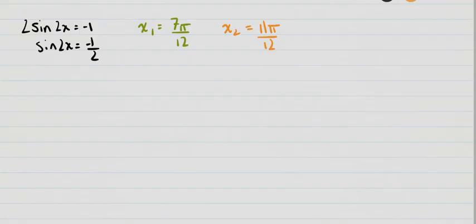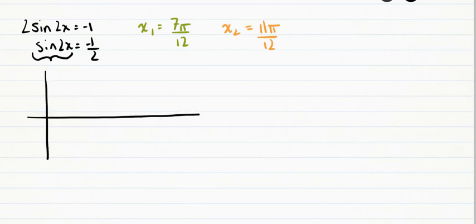So next we consider the graph of the function y equals sine 2x. The graph of y equals sine 2x would be similar to the graph of y equals sine x, except that instead of a period of 2 pi, this graph will now have a period of pi.